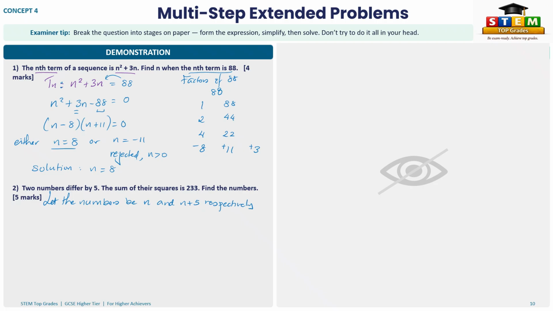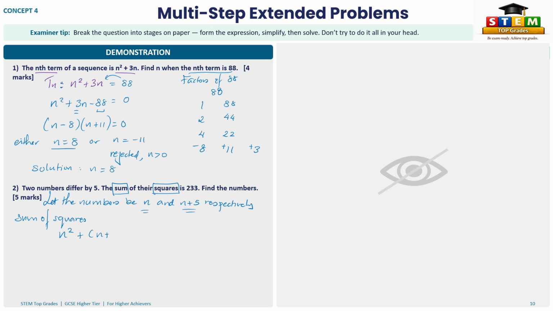So we got n to work with and n plus 5. Now then it says the sum of their squares. Now this is a hidden quadratic, isn't it? So sum of squares is the square of the first one and the square of the second one.